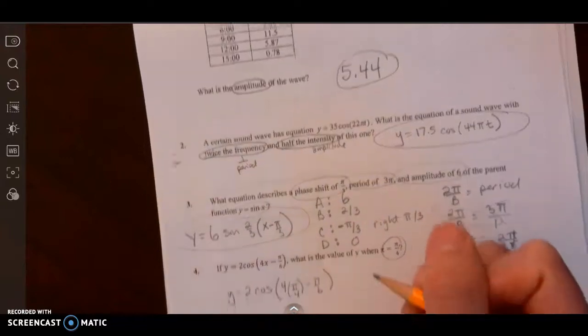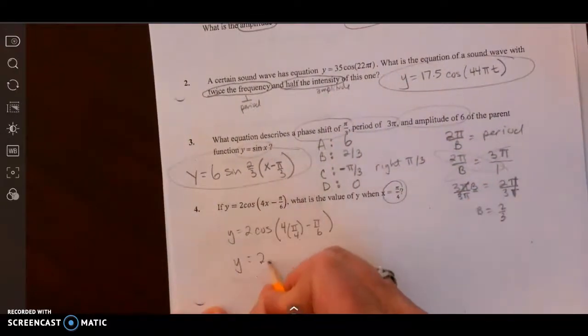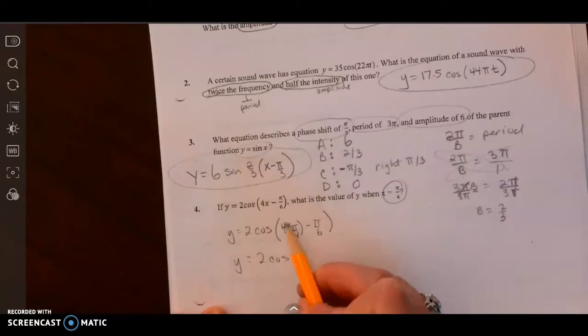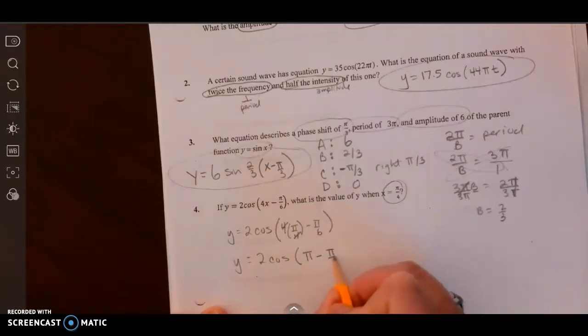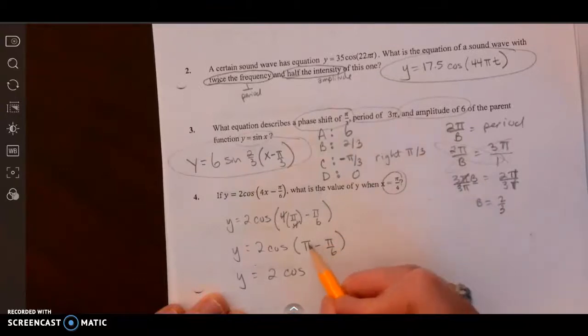So y equals 2 times the cosine. These 4's cancel, and I'm left with pi minus pi over 6. So y equals 2 times the cosine of pi minus pi over 6, which is 5 pi over 6.